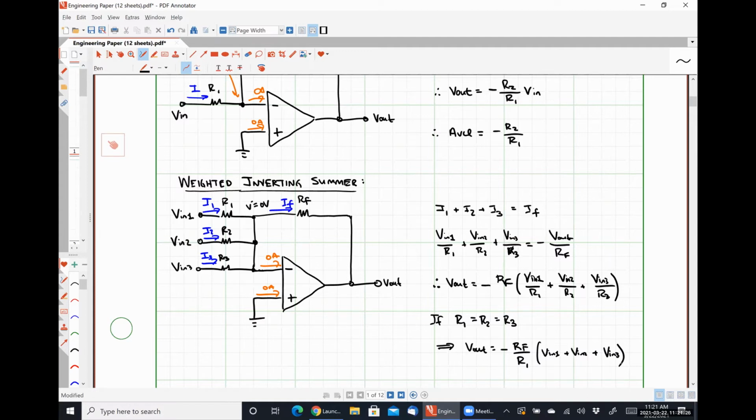So this is an inverting summer because all of these signals are added and they're all scaled by the exact same amount. So that's why it's not weighted.